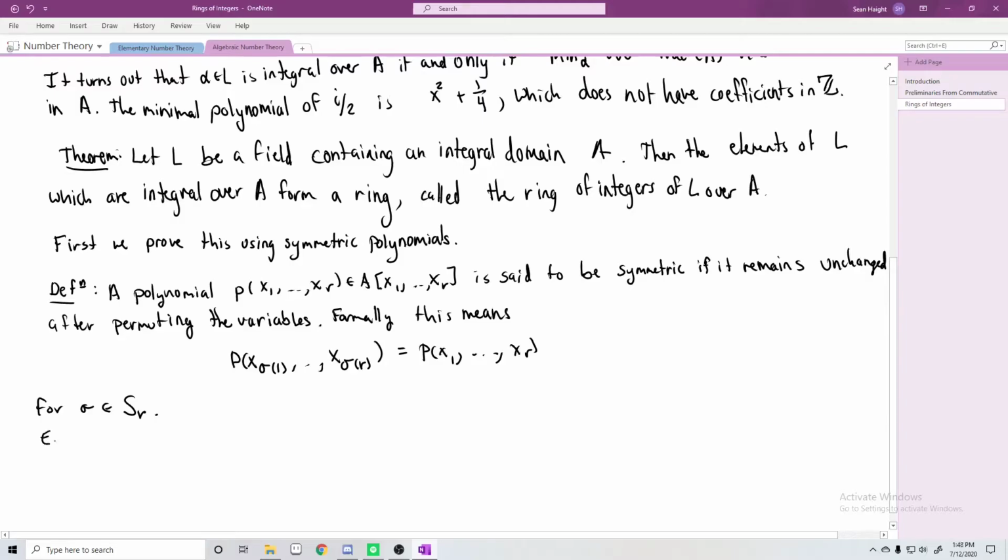Okay, there's kind of an important family of symmetric polynomials. These are called the elementary symmetric polynomials.